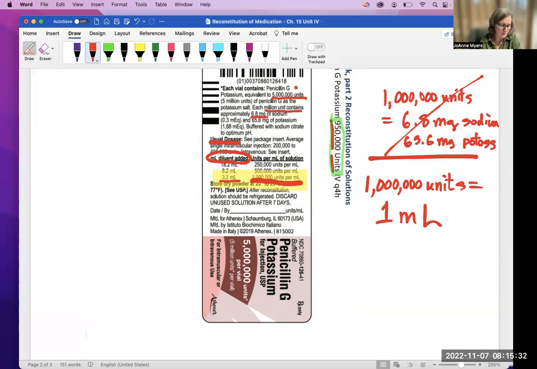And where do I get that? Right here. Because we're going to put 3.2 milliliters of sterile water, or whatever it says here, see package insert.